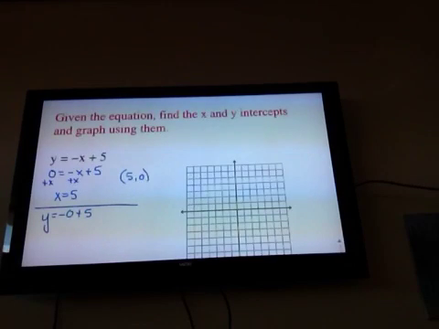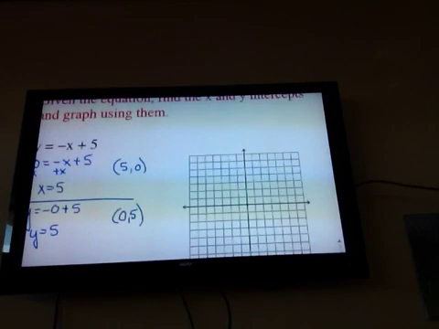Negative 0 plus 5 equals 5. So my Y-intercept is 0, 5. So I put my 0 for the X value, and I got 5 when I solved.